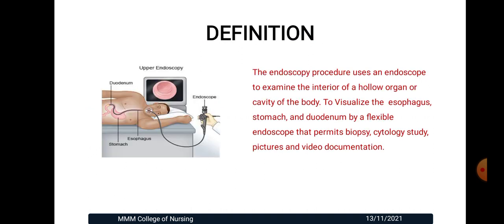Coming to definition, the endoscopy procedure uses an endoscope to examine the interior of a hollow organ or cavity of the body to visualize the esophagus, stomach, and duodenum by a flexible endoscope that permits biopsy, cytology study, pictures, and video documentation.